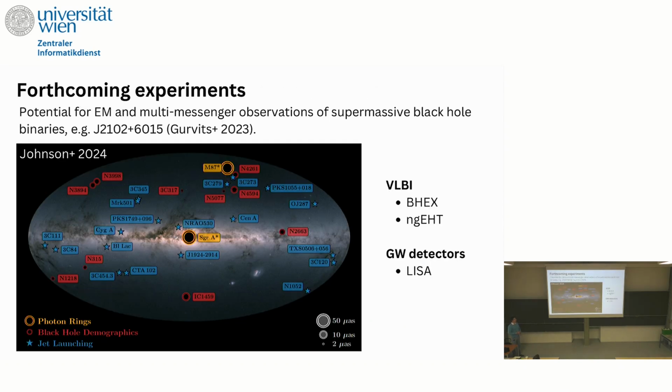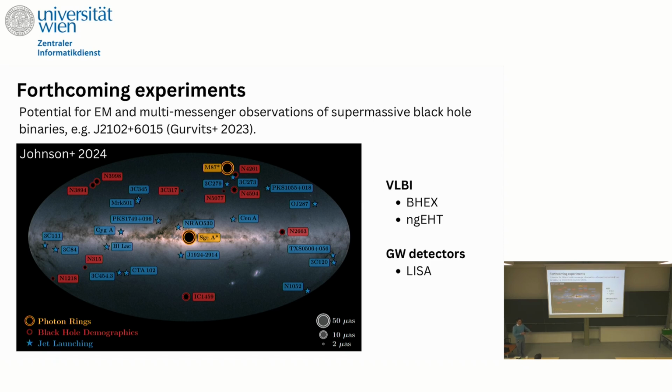Very soon, there will be other experiments. There are many of them planned for the next decade that will open even more the possibilities of the phenomena and the objects that can be observed. In particular, as we were hearing yesterday from Alex Luxaska's talk, there will probably be the Black Hole Explorer.